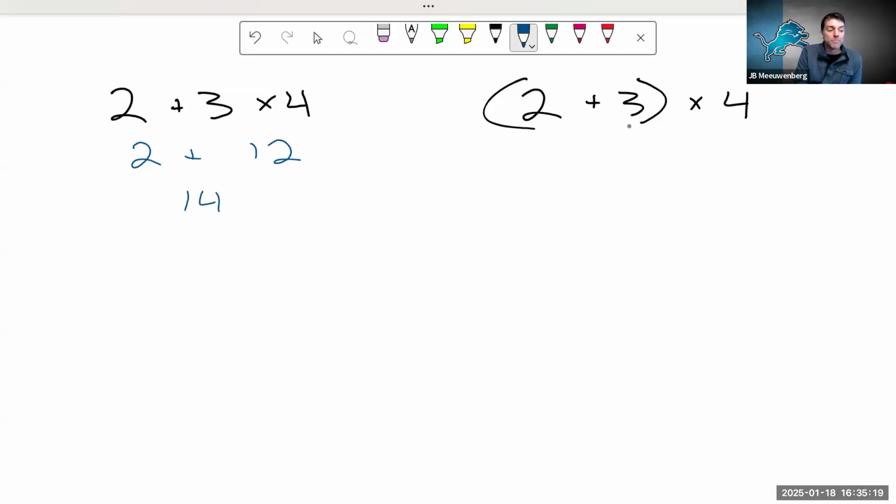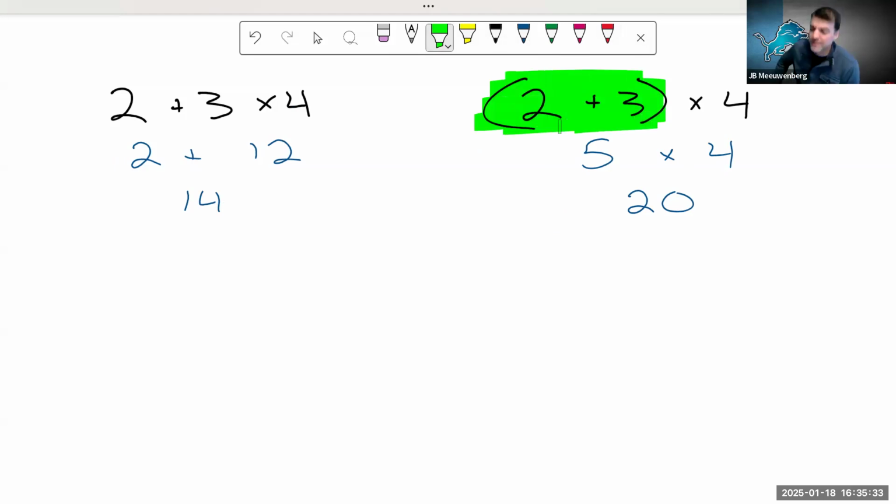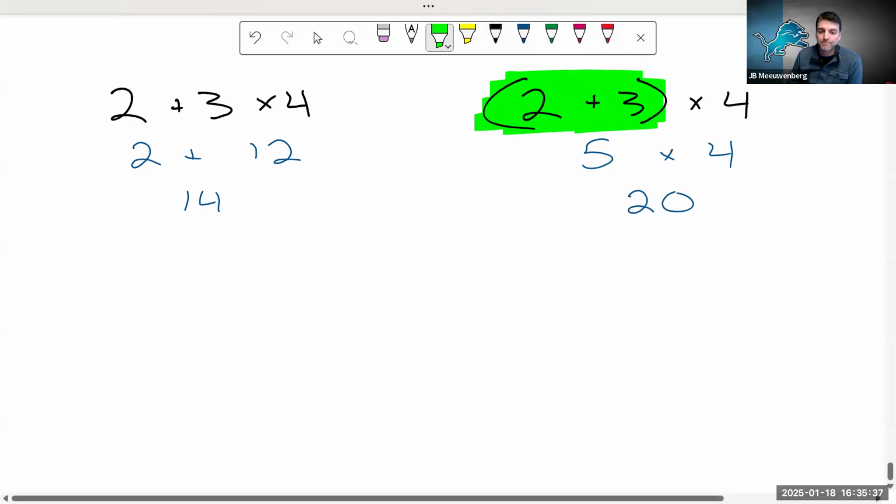Over here, you're grouping the 2 plus 3 together to be 5, and then multiplying 5 times 4 to be 20. So with operations on three sets, we are going to include parentheses so we can see what we actually have to do first.